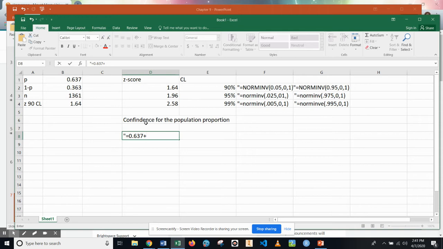I'm going to do the plus first, then put in my z-score, multiply that times the square root of p times 1 minus p, and notice we already did the subtraction there, divided by the 1361, which is my n. Notice that I didn't have any extra parentheses. All the multiplication and division inside those parentheses will be done in the proper order. So this will give me my upper value.